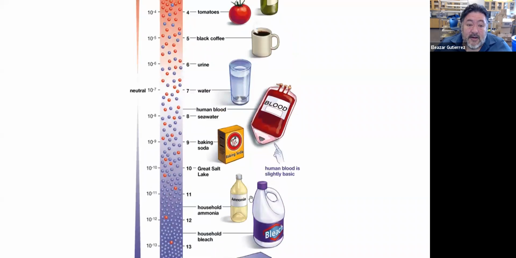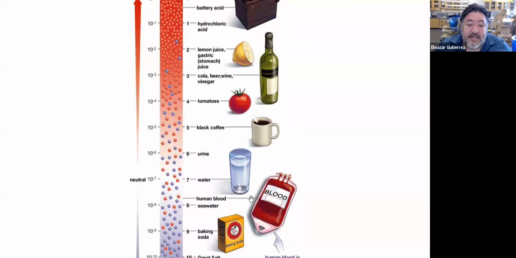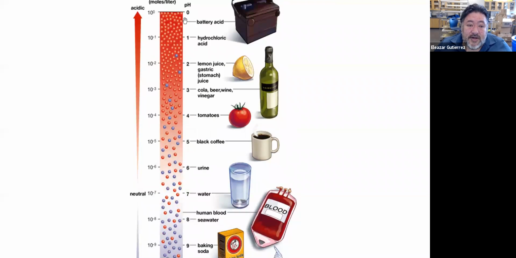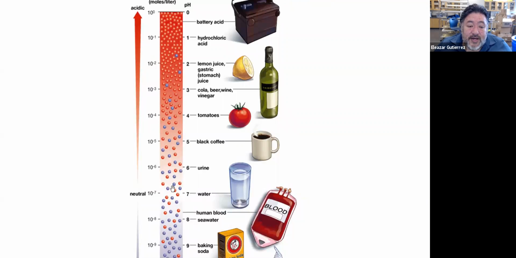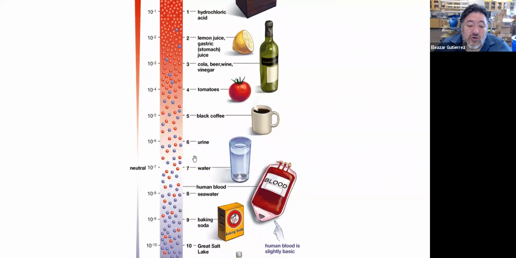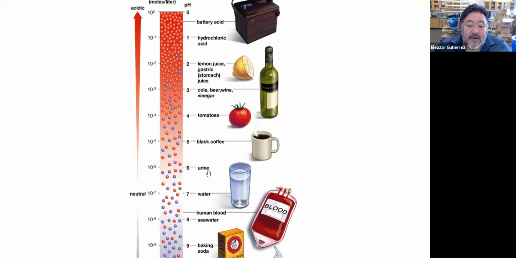Okay. Now, hopefully you're noticing on here, here's a pH, here's a concentration in moles per liter. So if we go from urine to black coffee, a pH of 6 to 5, the concentration is 10 to the negative 6 to 10 to the negative 5.